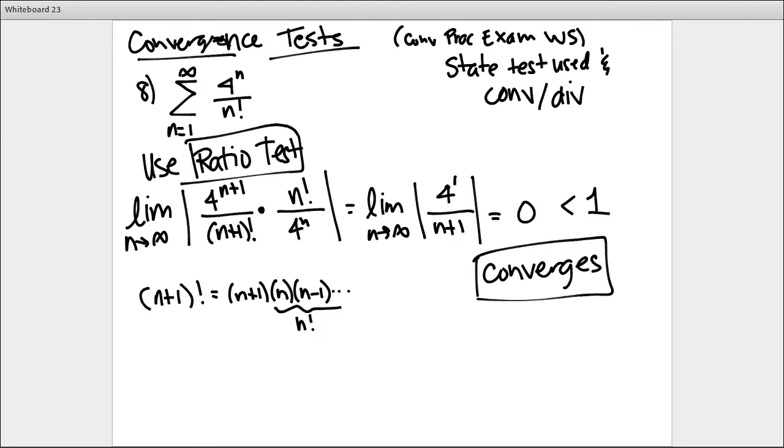Let's do one like 14. But I'm going to write it a little bit different. Not that you shouldn't know 14 how it is, right? I'm going to rewrite it as 2 over n times n plus 2.